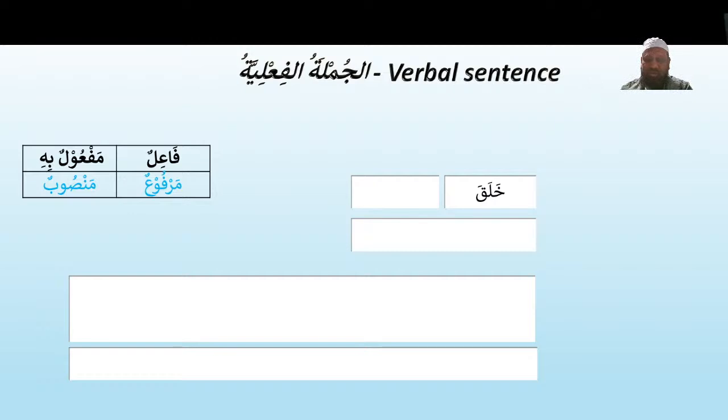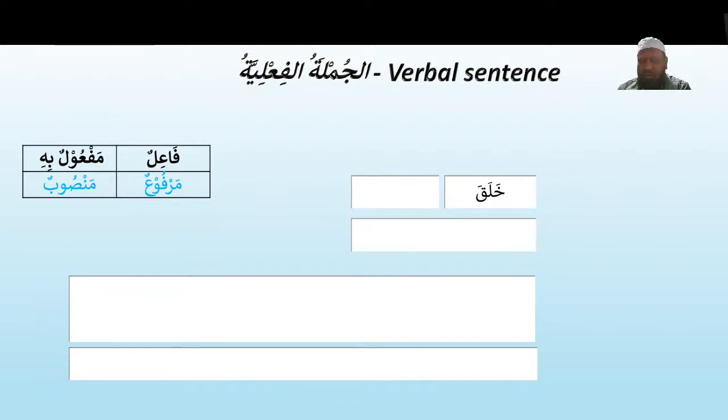Once we mention an ism as the fa'il, that built-in fa'il disappears. So when we say daraba, the built-in fa'il is there. It has to have, because every fi'l needs a fa'il. Khalaqa, it has the built-in huwa. Nasara, it has the built-in fa'il huwa. Rafa'a, ba'atha, all these verbs have the built-in fa'il huwa.